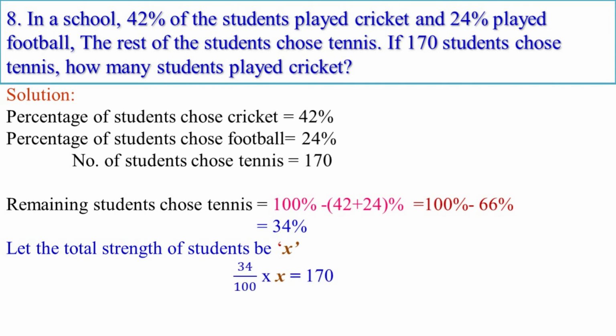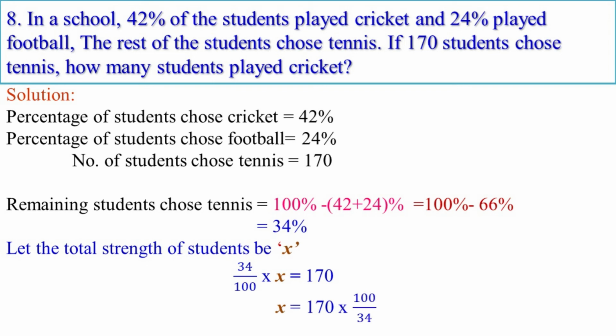In that case, we know that students who chose tennis is 34%, which can be written as 34 by 100 into the total number of students, and in the question they have given that the number of students who chose tennis is equal to 170. Therefore, in total strength, 34% of students who chose tennis is equal to 170.